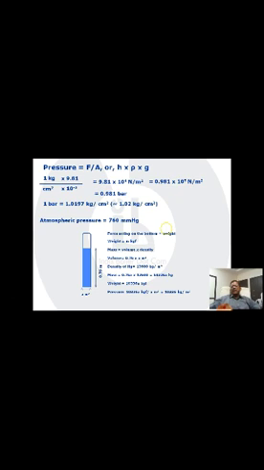Now, if I want to convert the pressure of a height of a liquid column into kg per meter square, what I have done, if you see, I have taken the height and multiplied it with area, so to get the volume, then I multiply it with density to get the mass.